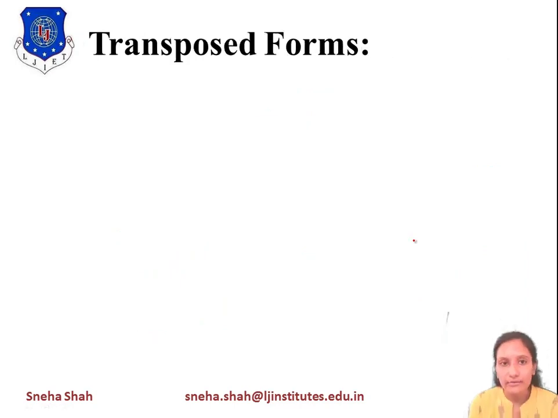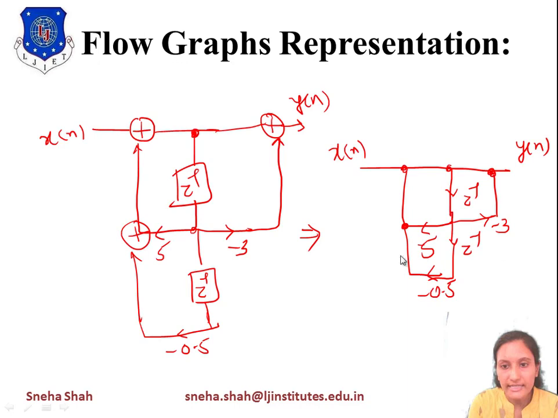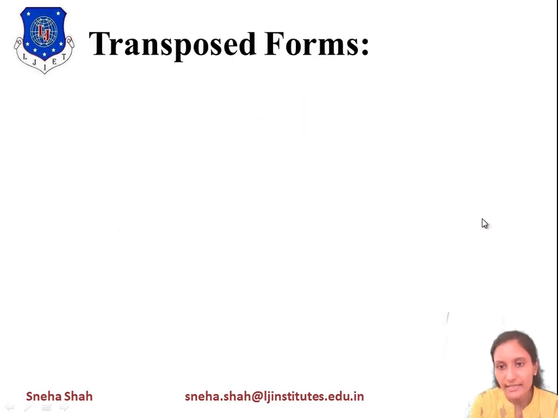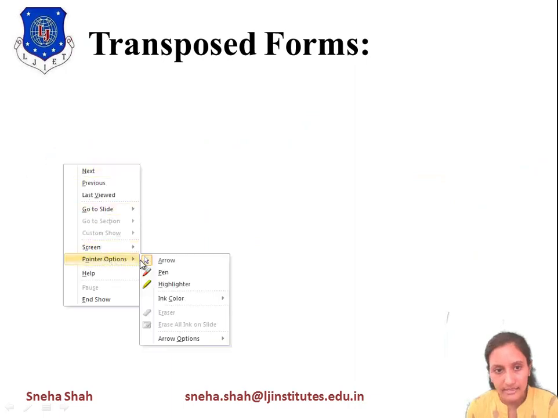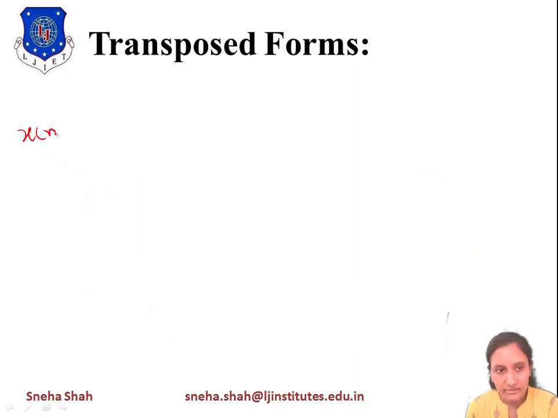Now the next point is transposed form. What is transposed form? Transposed form means reversing the input and output. If we interchange input and output, then the direction of the nodes will be changed. Suppose we take this flow graph diagram, right? I am drawing the same diagram over here. If we take x of n, there are 3 nodes.